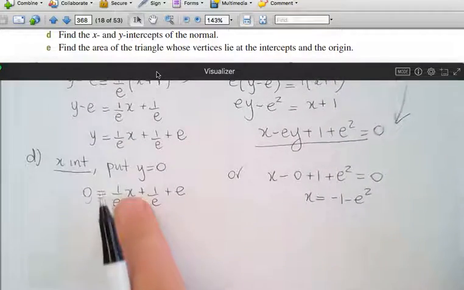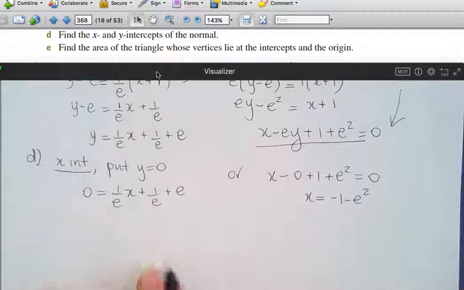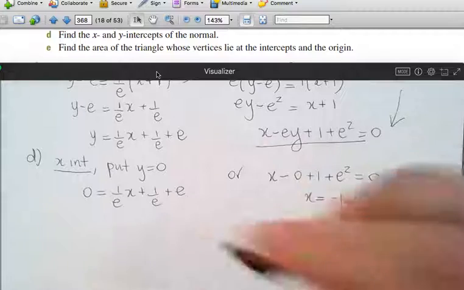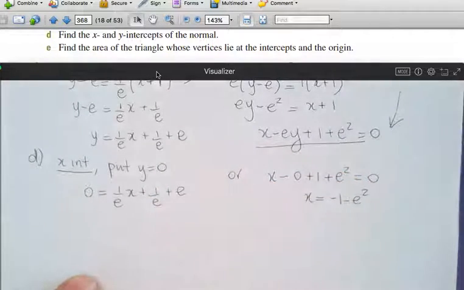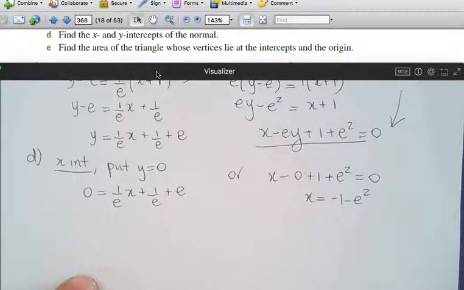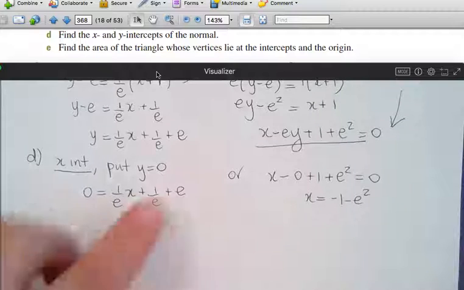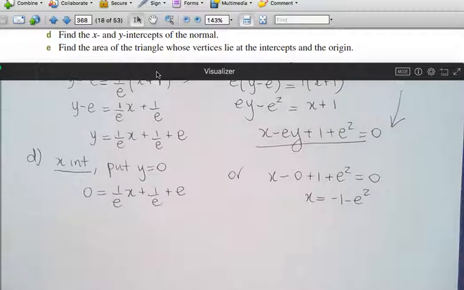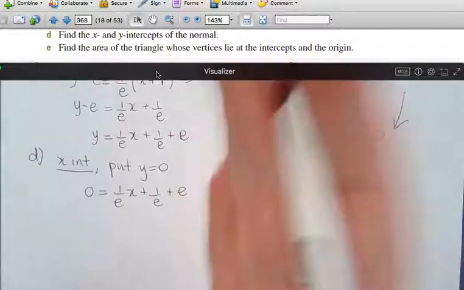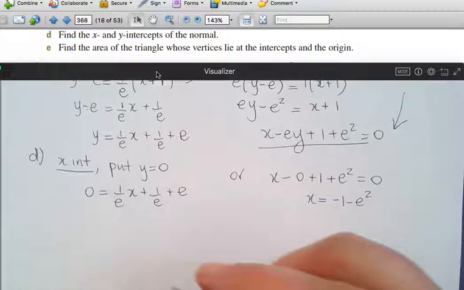If I use my y equals mx plus b form to work out my x-intercept, I would put y is 0 there. If I were you, I would multiply everything by e, but you don't have to. Who would have taken these over? Or would you have multiplied everything by e?